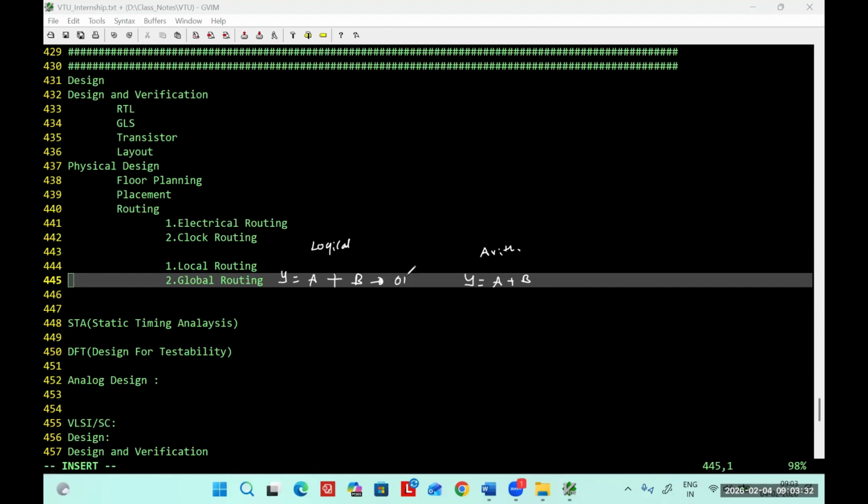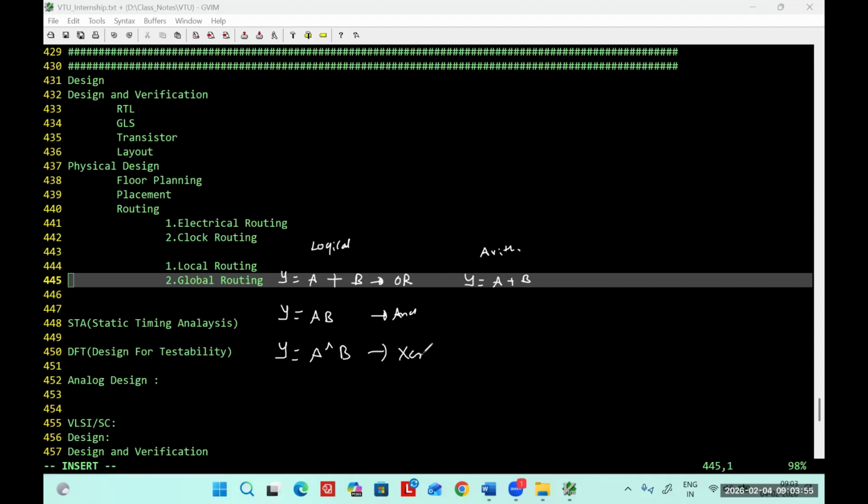Or y equal to a into b, and y equal to arithmetic addition. No, there is no question of arithmetic. Everything I'm talking about is logical. Logic. XOR. Exactly.